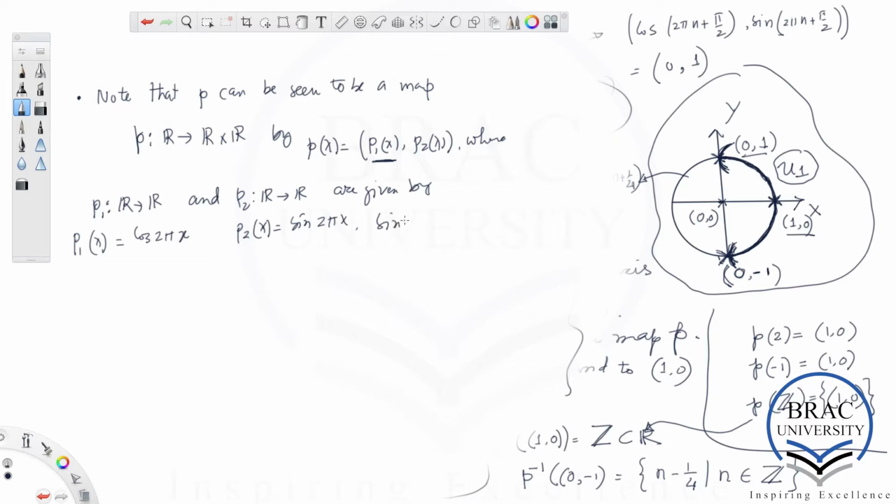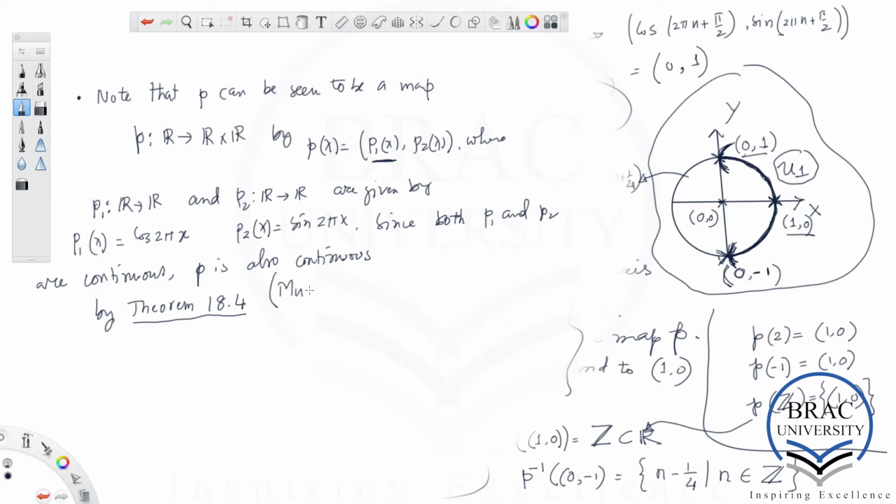Since both P1 and P2 are continuous maps, P is also continuous by Theorem 18.4.